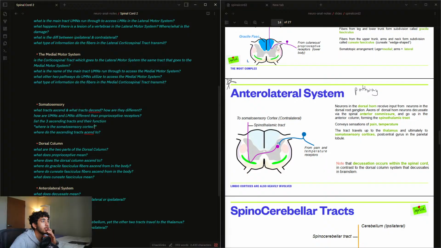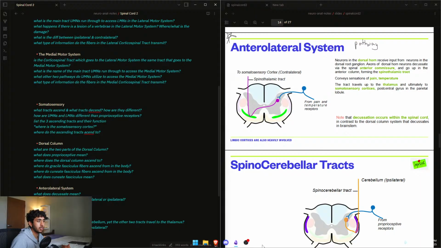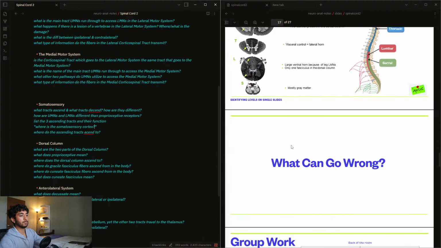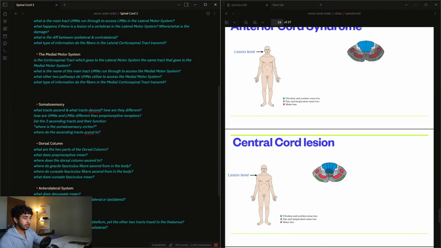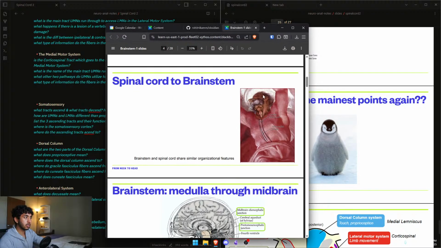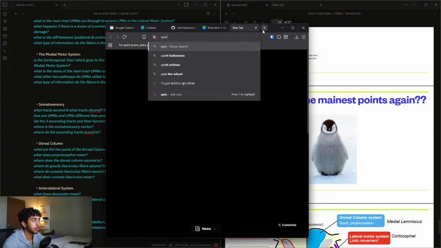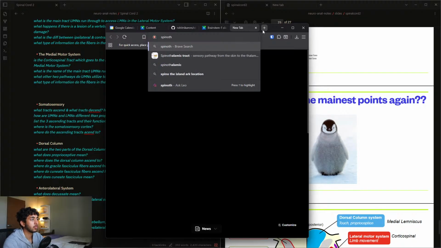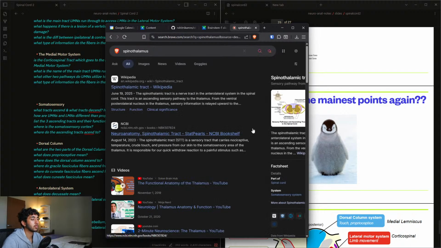Okay, so the spinothalamic tract goes to the thalamus. Is that right? Okay. Anterolateral, spinothalamic tract. Nope.